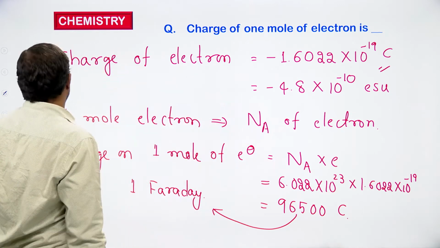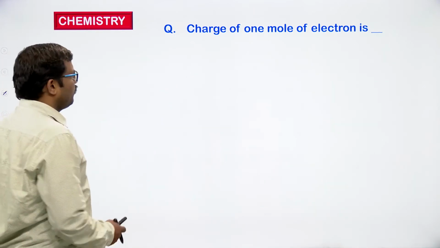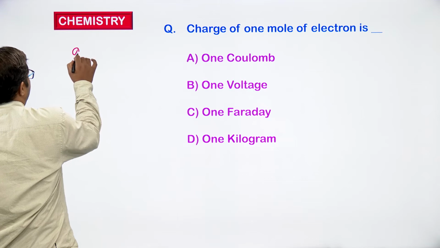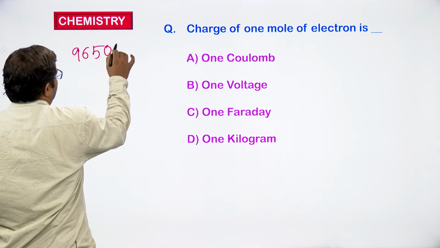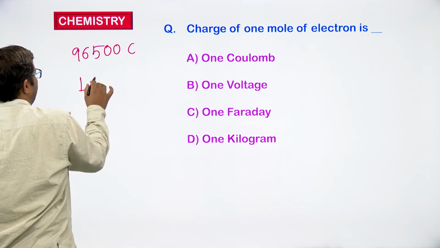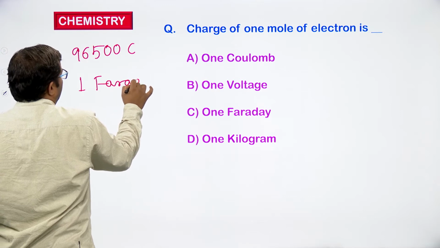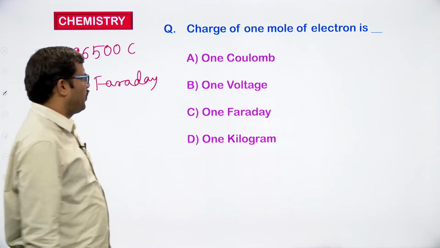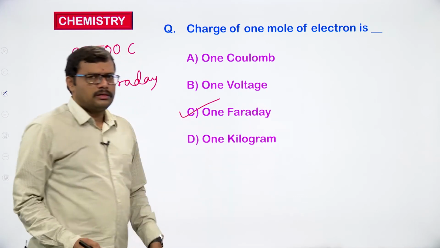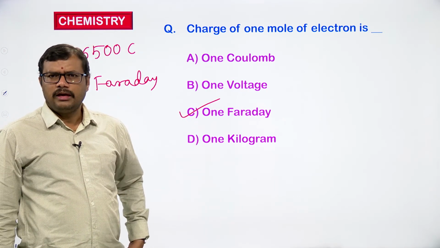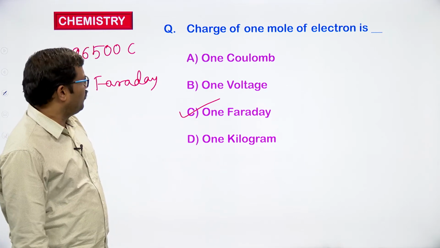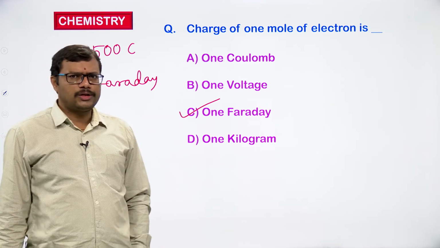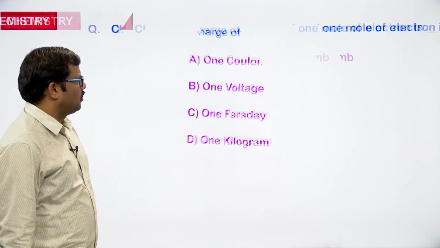So the charge present on 1 mole of electrons will be 96,500 coulombs, or we can call it 1 Faraday. Among the options, the correct one is option C. So 1 Faraday is the charge present on 1 mole of electrons.